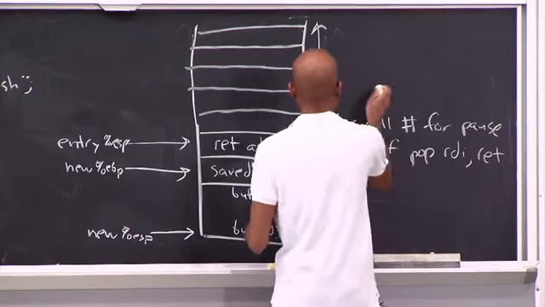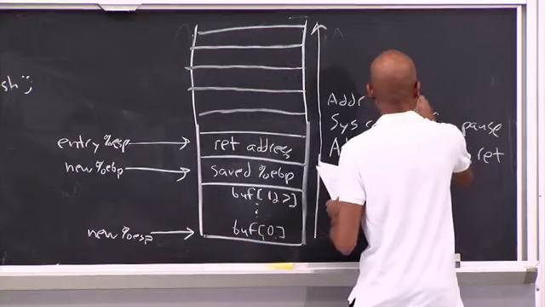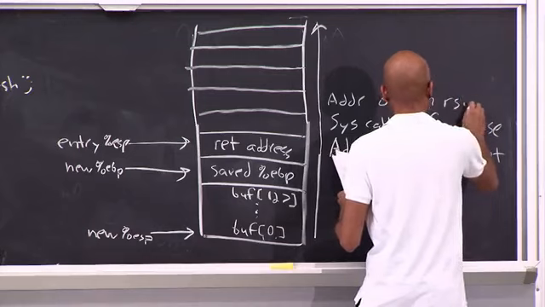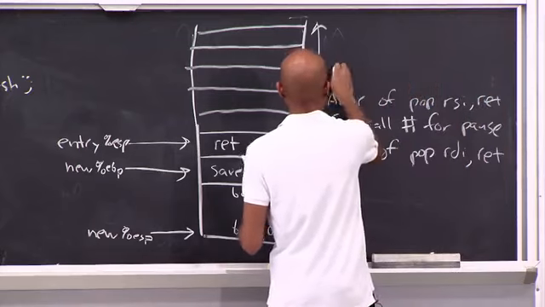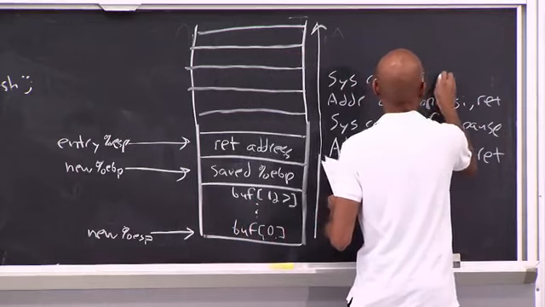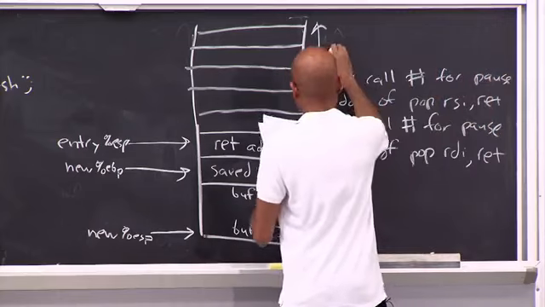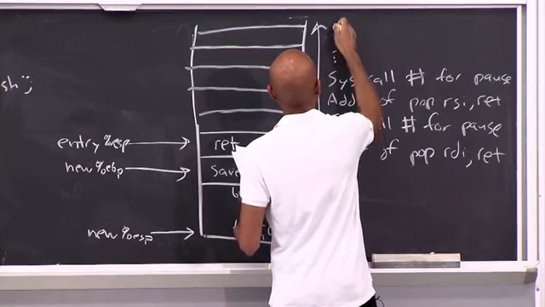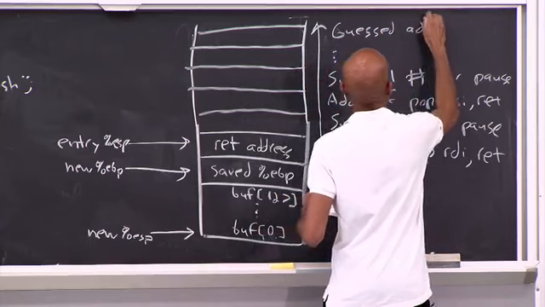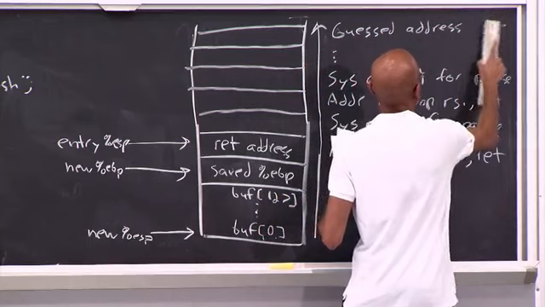And then let's say that we have another gadget that we found that does a pop into a different register, let's say RSI. And then we'll put the system call number for pause up here again. And we do this for all the gadgets that we found. And then eventually we put the guess address for pause. Or sorry, for syscall, excuse me.